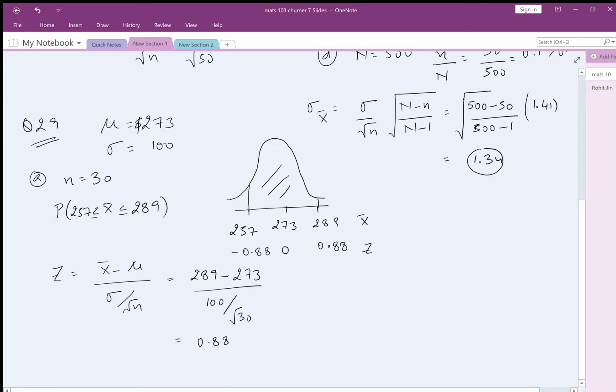Okay, so we need to find out the area between z-score of minus 0.88 and plus 0.88. So if you look up the probability tables, and I'm going to open the probability tables as well, go up to the z-scores.